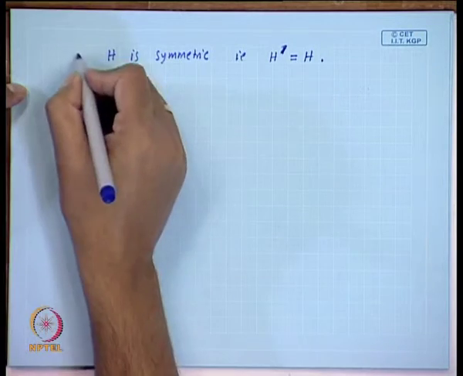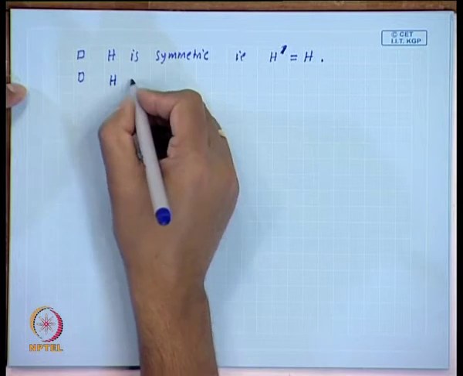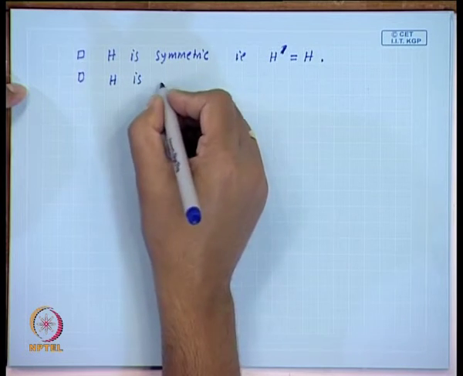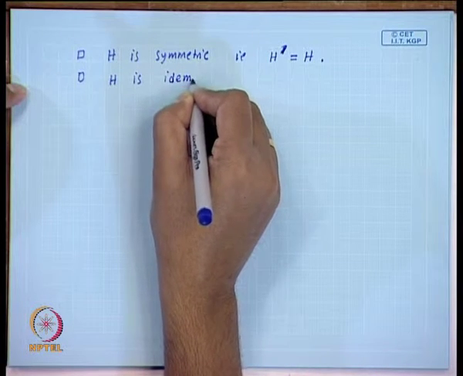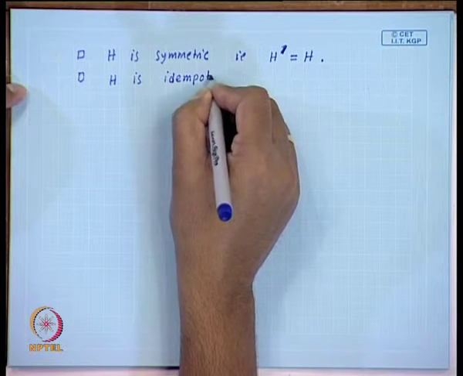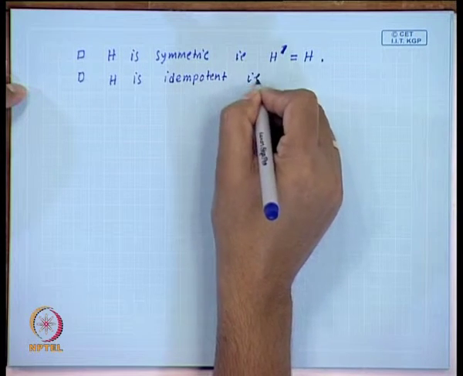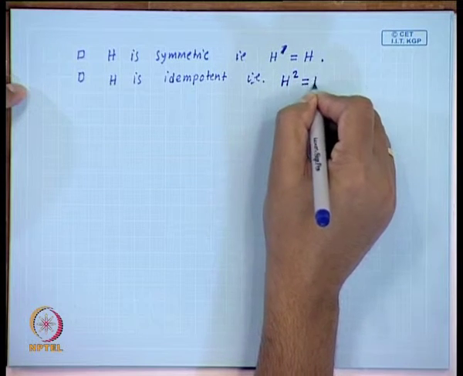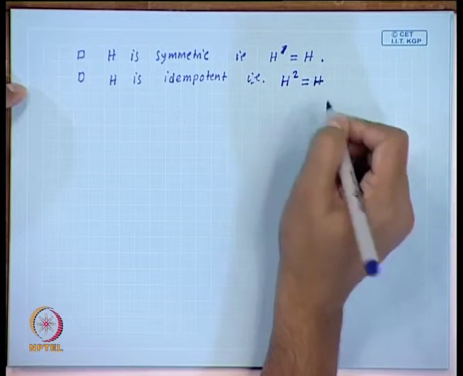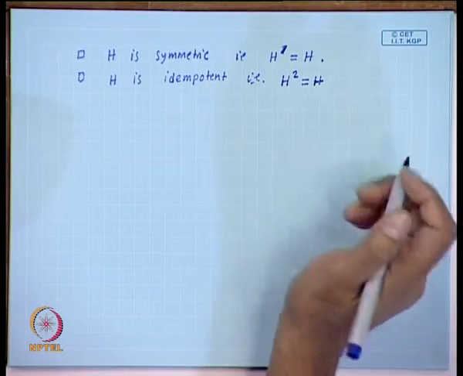And the second property is that the hat matrix H is idempotent. That is, H square is equal to H. Well, let me prove this one.